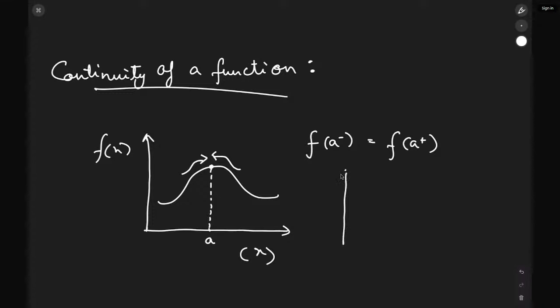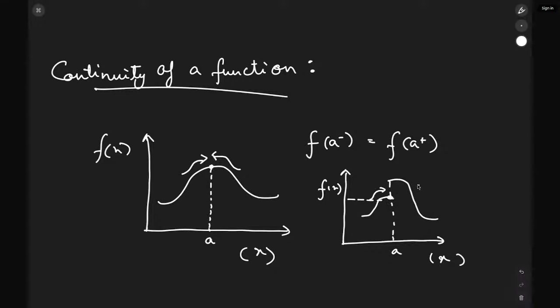And in order to show a graph which is not continuous, the graph will look as such. When you are approaching from the left hand side, you reach this point.